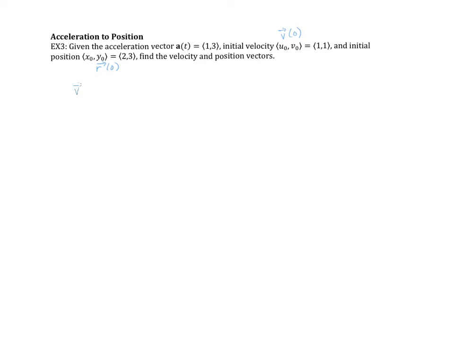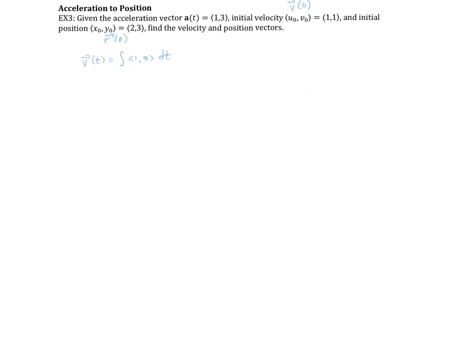Our velocity vector is going to be the integral of our acceleration, which is ⟨1, 3⟩, with respect to t. That gives us a vector. It's going to be the vector ⟨t, 3t⟩. But remember, we have to solve for our constant vector. And that involves the initial velocity.